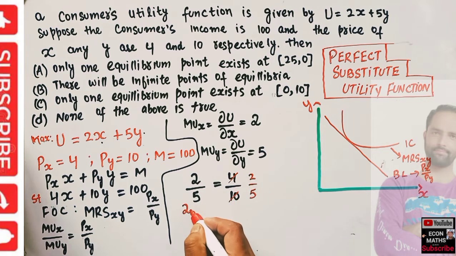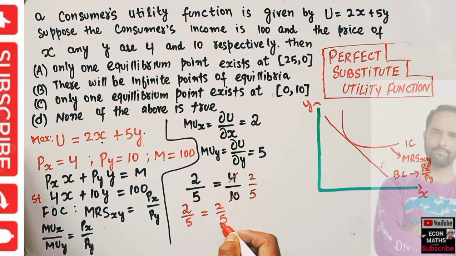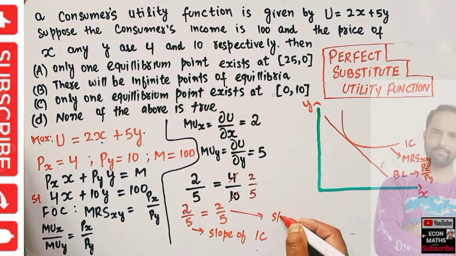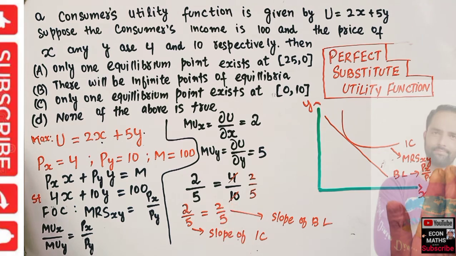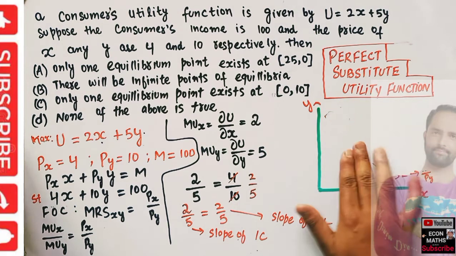So 2 upon 5 is exactly equal to 2 upon 5. This 2 upon 5 is the slope of the indifference curve, and this 2 upon 5 is the slope of the budget line. Here it is obvious that the slope of the indifference curve and the slope of the budget line are the same.